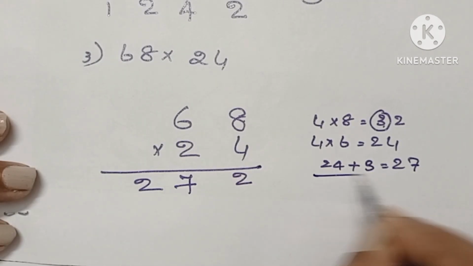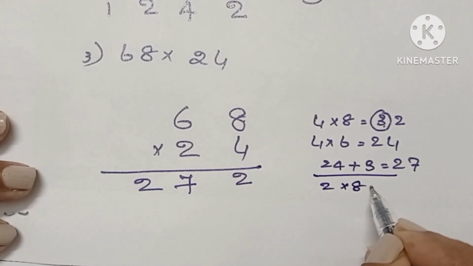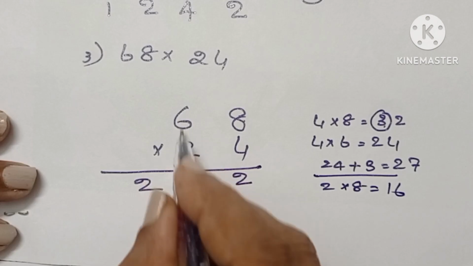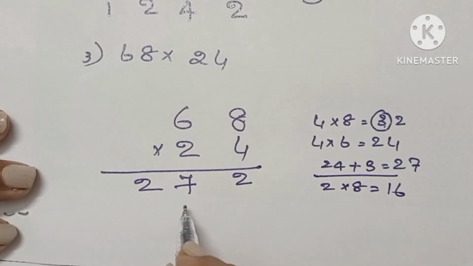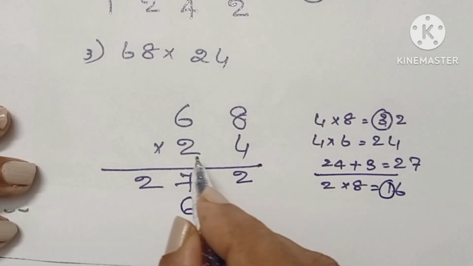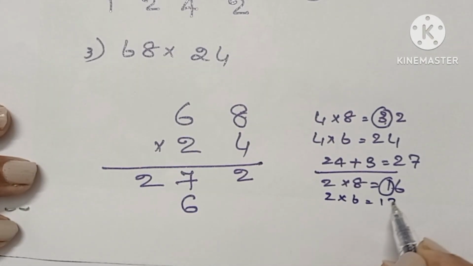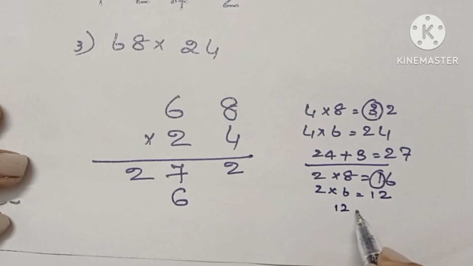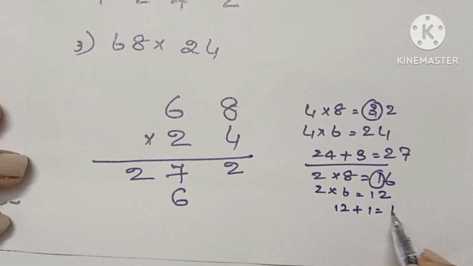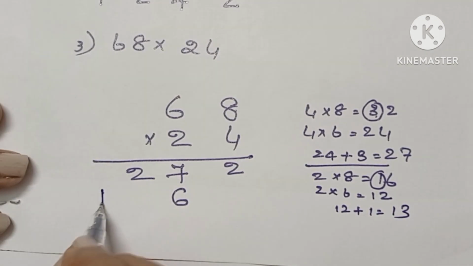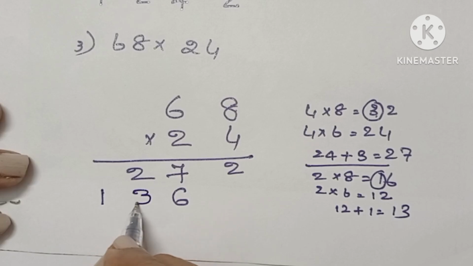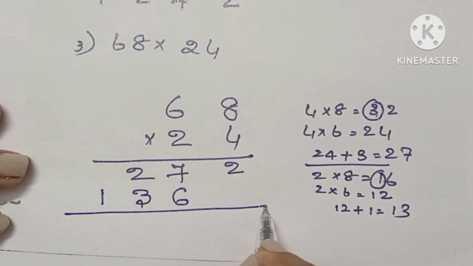2 into 8, 16. 6 we are writing in the tens place, and 1 is the carryover. 2 into 6 is equal to 12. Then 12 plus the carryover 1, 13. 1 is in the thousands place and 3 is in the hundreds place.